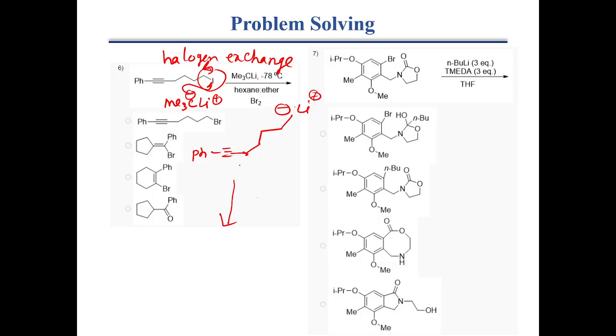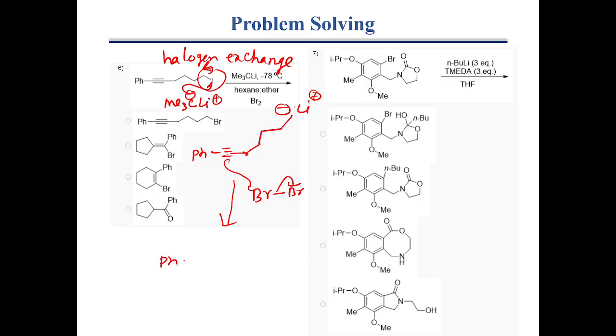So while if we attack this in presence of bromine, what happened? So the pi electron cloud of the alkyne reacts with the bromine and releases one bromide minus.